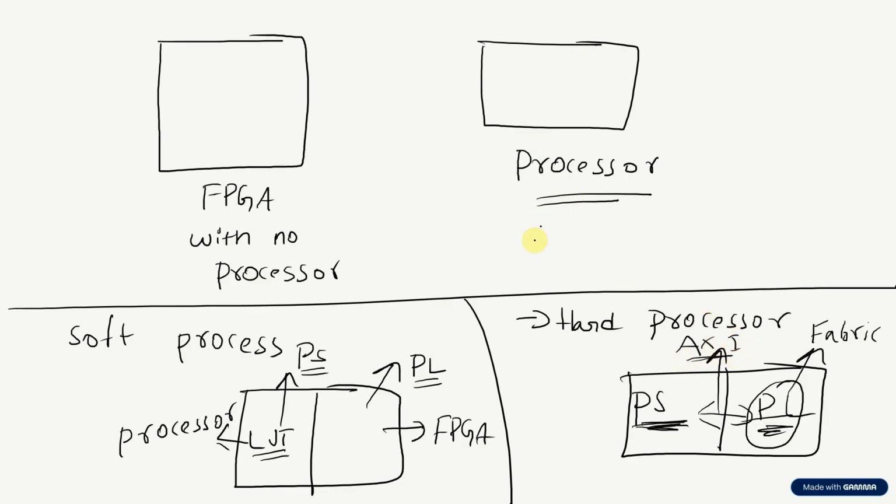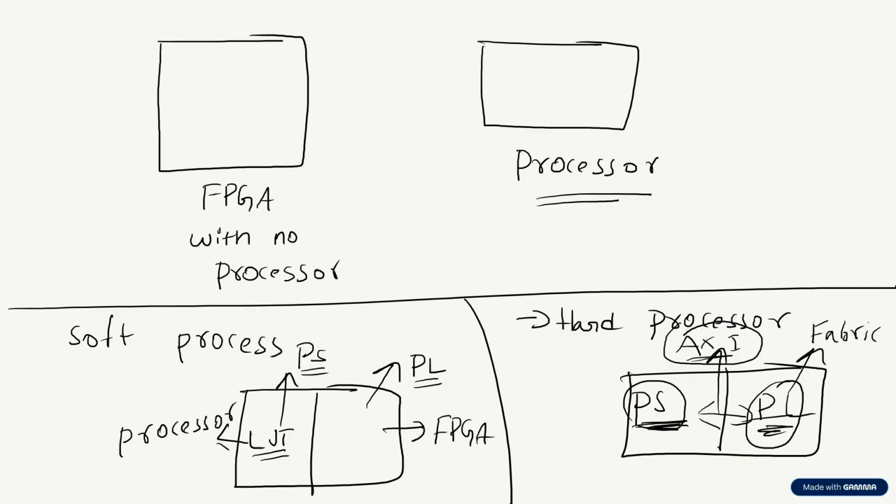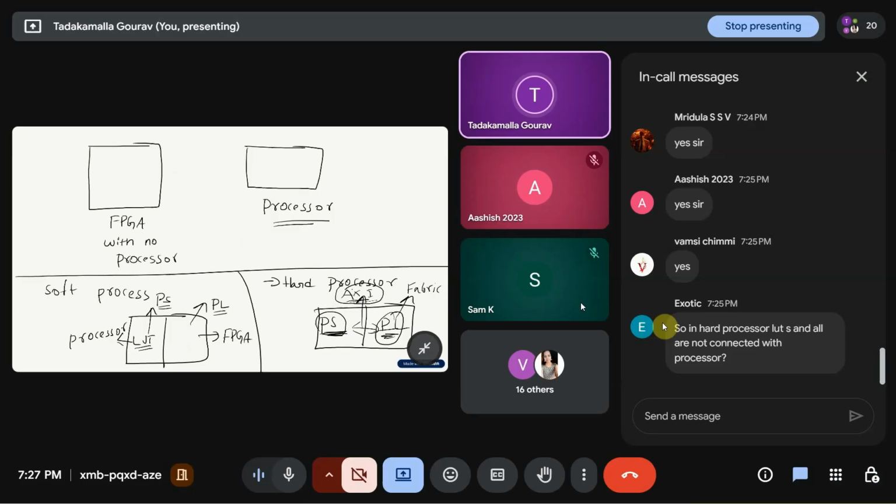We are going to use one protocol, known as the AXI protocol, for connecting our processor and our FPGA fabric. Is it clear? In a hard processor, the LUTs and all are not part of the processor. That is what I have shown you. This fabric PL has all the LUTs and CLBs, connected to the processor using this interconnect which is known as AXI.